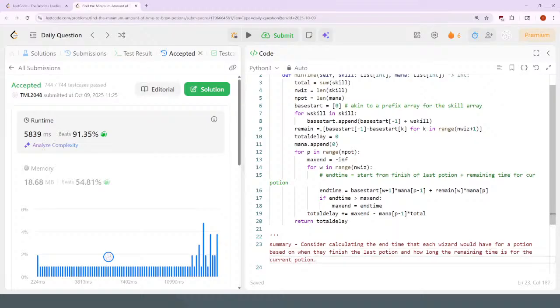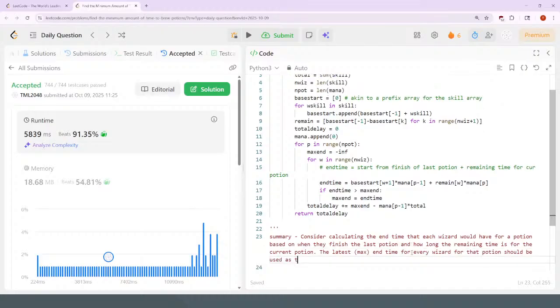So that's all boiled down to this calculation right here. The latest, or the max end time for every wizard for that potion should be used as the end time for that potion.